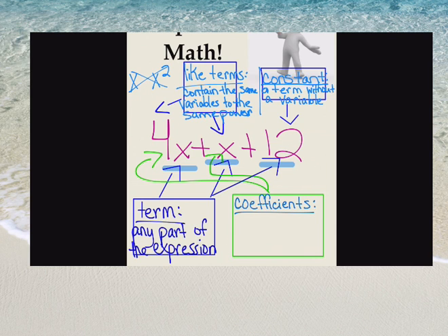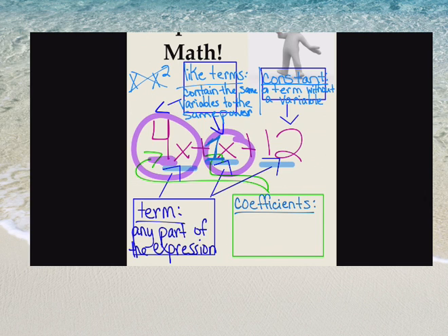So in this case here, if we look at 4x, we can see that the coefficient is 4. That's the whole number attached to the variable here. Now, this x over here is a little sneakier because there is no number in front of it. But in math, we can assume that if there's nothing written before it, it's like there's an invisible 1 right there.